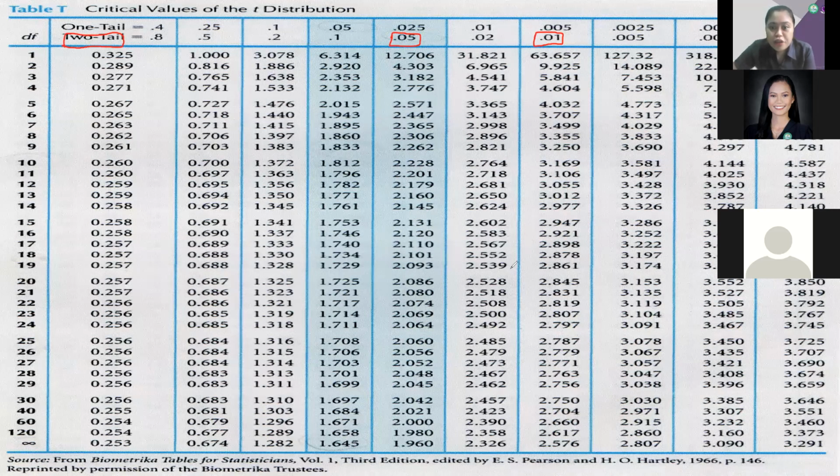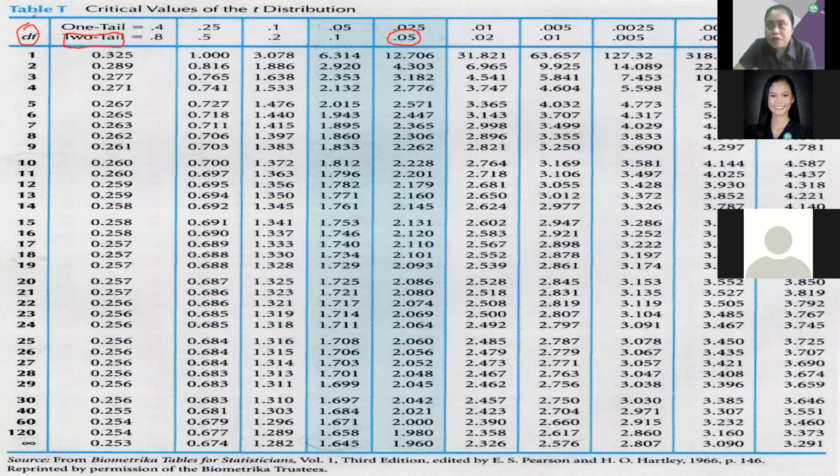Okay? So that is what we will look for next, the significance level. We go to the bottom here because it is a two-tailed test. If it were a one-tailed test, we would follow the one at the top. But since it is a two-tailed test, we follow this one, 0.05. So most likely, our tabular value is found here. But to finally identify the tabular value, you have to also identify the DF, the degrees of freedom.